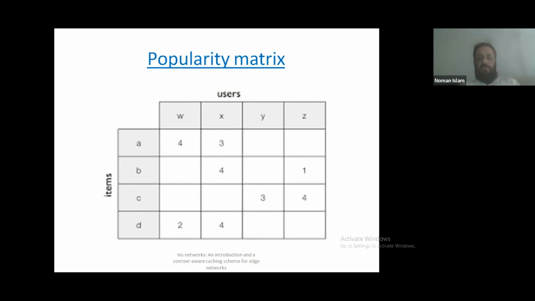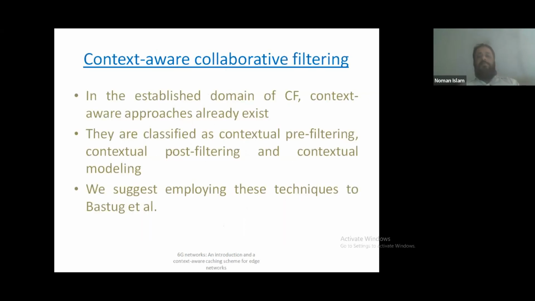But there is a problem. Most of these solutions in the literature do not take the context into account. For example, we would like to consider the location of a person while caching an item. We would like to understand the mood of the person. What is the mood of the person?